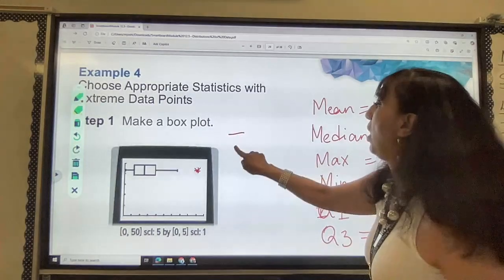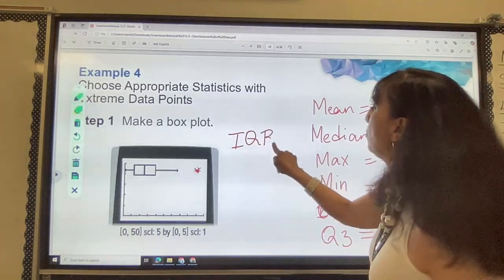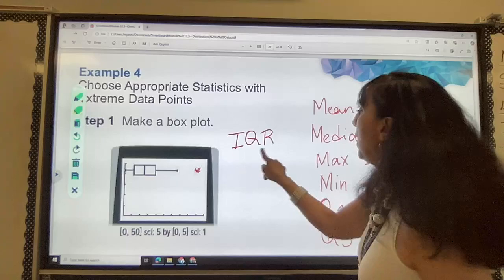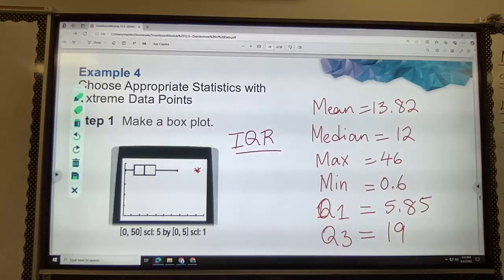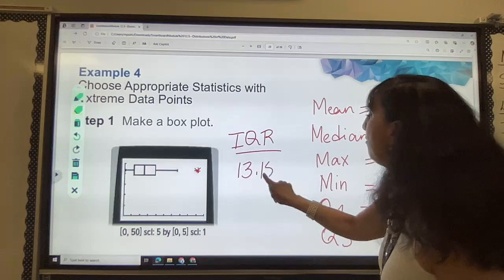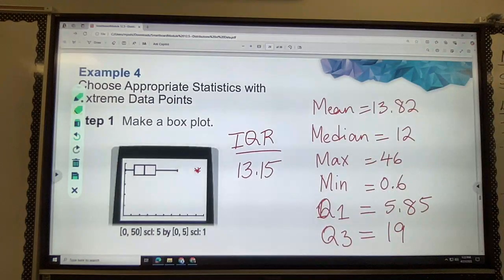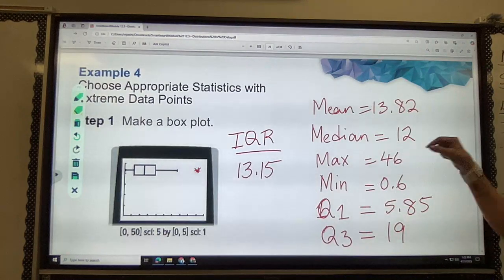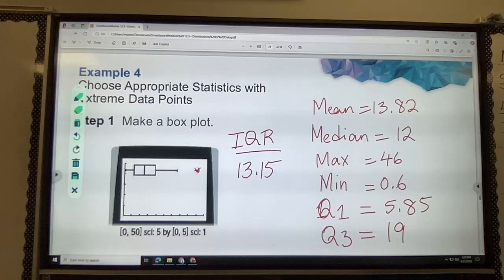My IQR is going to be my third quartile minus my first quartile, and that gives me 13.15.